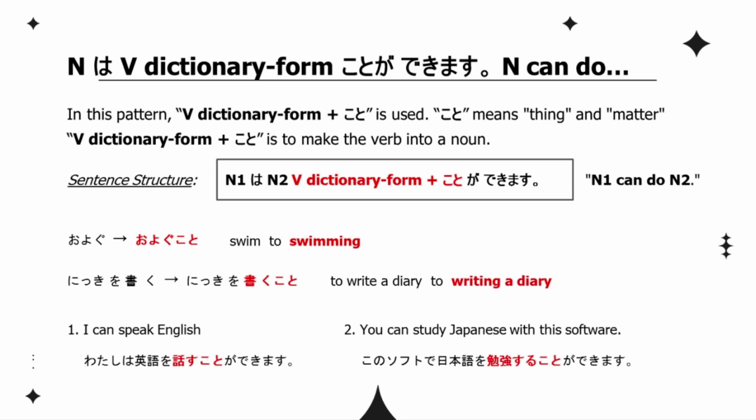I can speak English. 私は英語を話すことができます。You can study Japanese with this software. このソフトで日本語を勉強することができます。In this sentence pattern, the dictionary form plus koto is used.